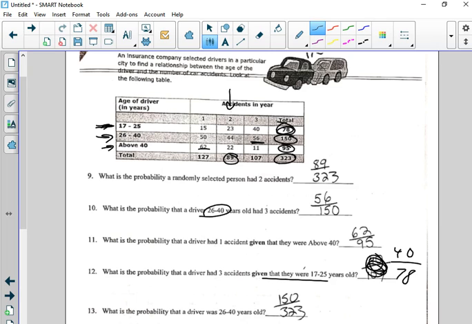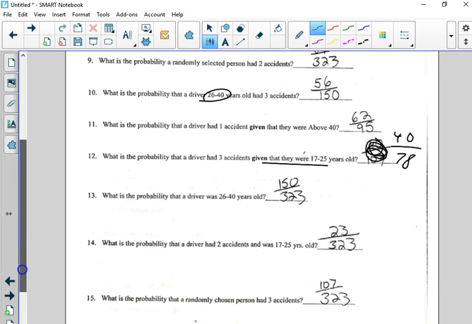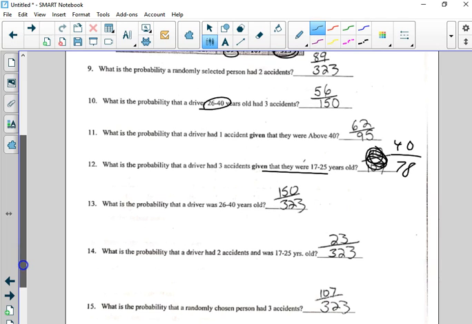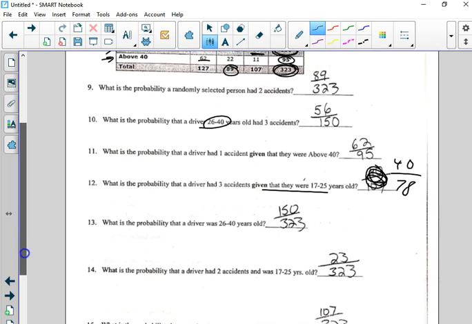Okay, what's the probability that a driver was 26 to 40 years old? Well, how many of them are there? 150. How many people are there total? 323. What's the probability that a driver had 2 accidents and was 17 to 25 years old?